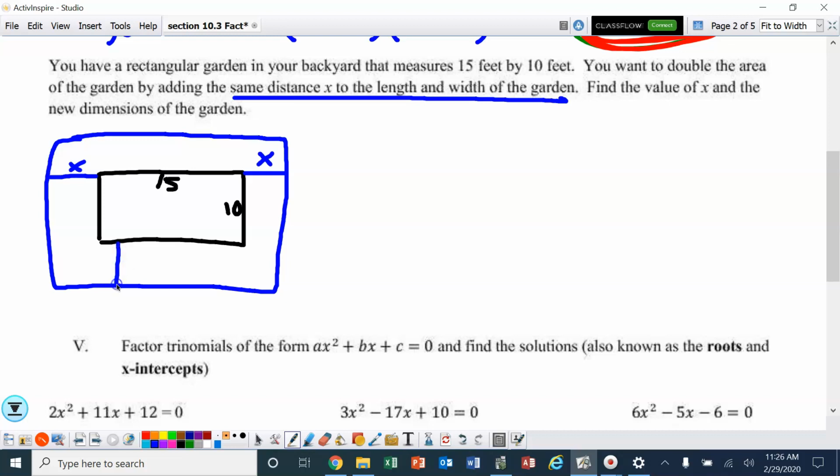I also added a length of x to the bottom and a length of x to the top. But again, I'm not sure what that x is. So what else do I know? Well, since I know the dimensions of the small garden are 15 by 10, that means the area is 150 feet.